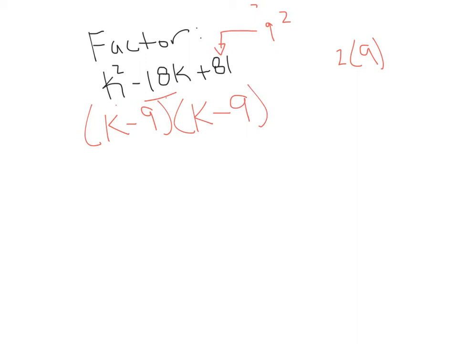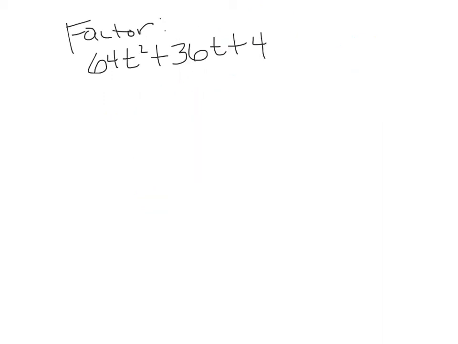And you can do this a long way as well and figure it out. But a lot of times on standardized tests, they'll write the factors that way, as k minus 9 quantity squared. And so if you can memorize perfect square trinomials, you'll be able to factor them really quickly if you see that pattern. So another example, we have 64t squared plus 36t plus 4.